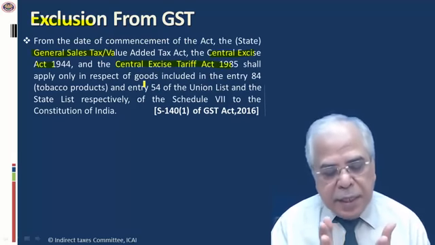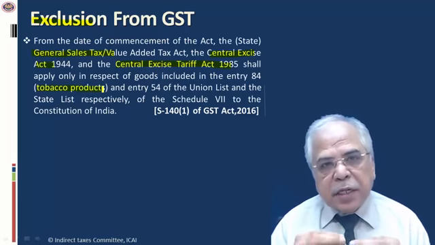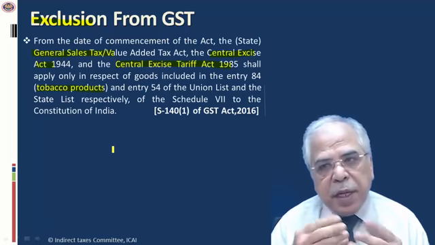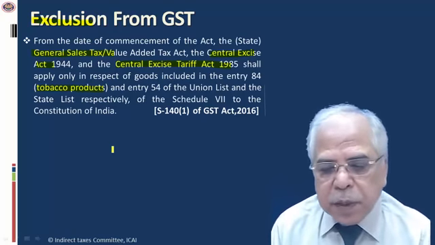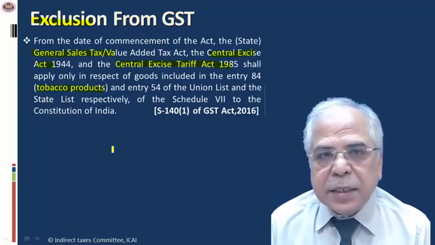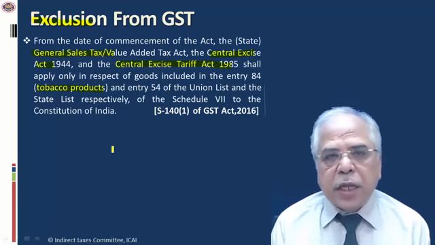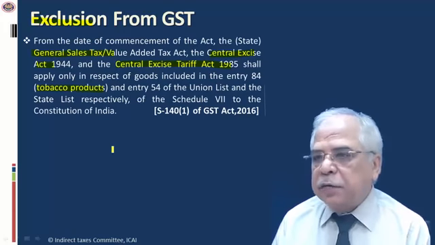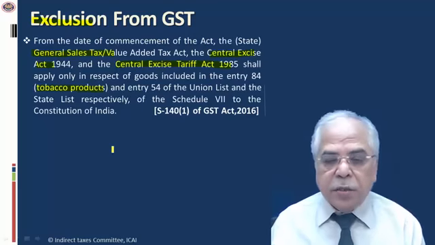Meaning thereby, the excise law and state VAT law will continue to be there because there are certain items which will remain out of GST like tobacco or petroleum product, and to collect excise duty and VAT on those items on which GST is not being levied, these acts are abolished subject to that saving clause, that those items which are not the subject matter of GST will continue to be taxed under the existing law, that is excise or VAT.